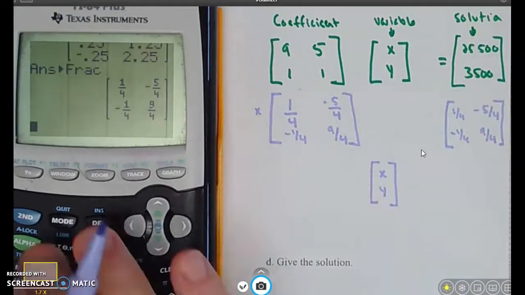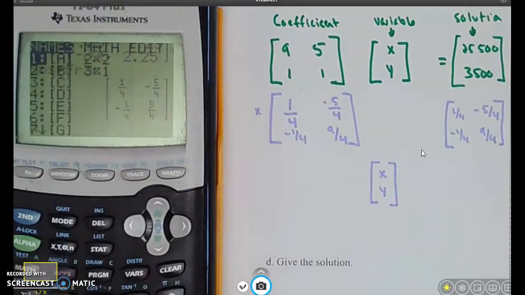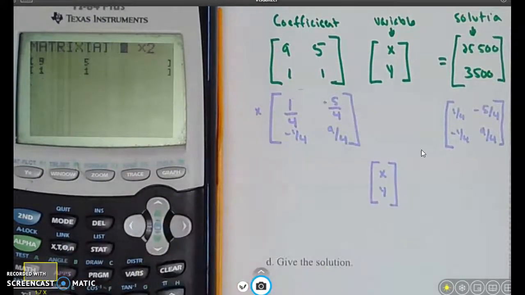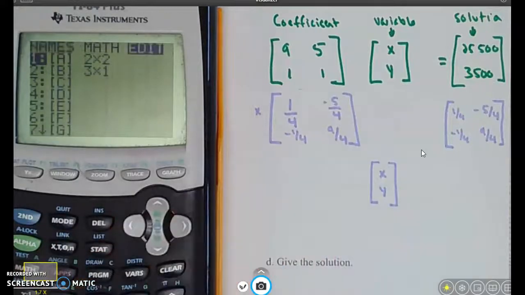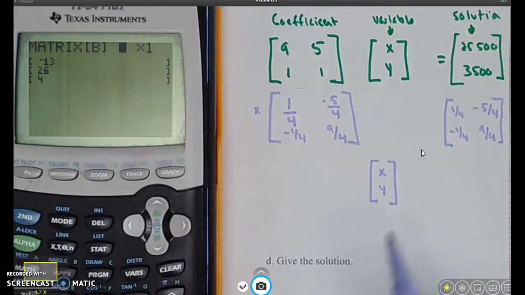So what we're going to do is go into my calculator. I'm going to press second matrix, and this time I'm going to go to edit. I have another matrix, so I'm going to go to B. And this matrix is a 2 by 1. Okay?